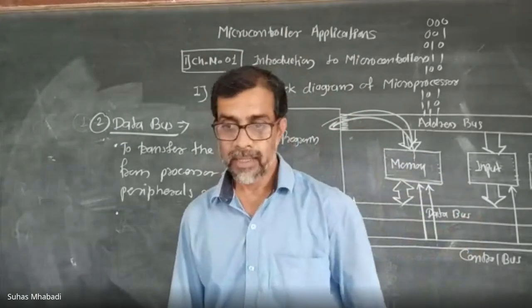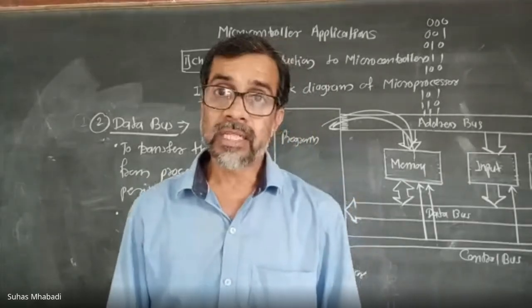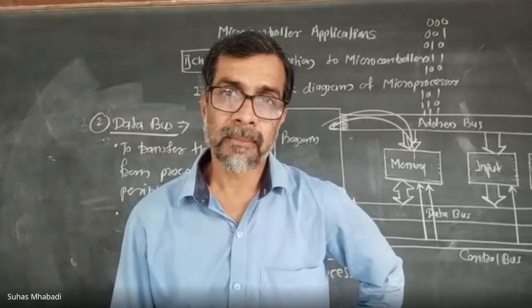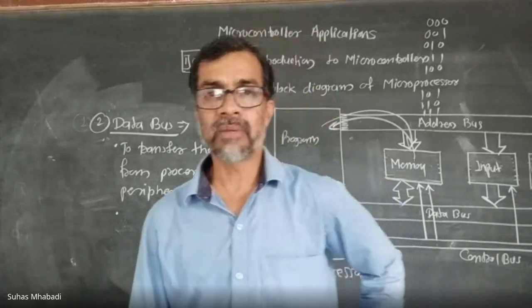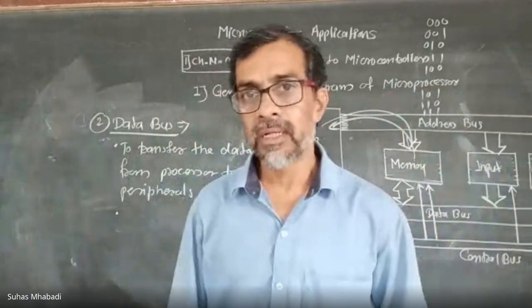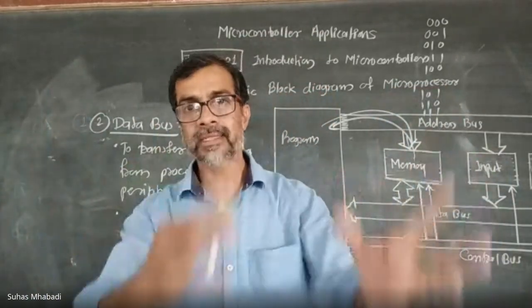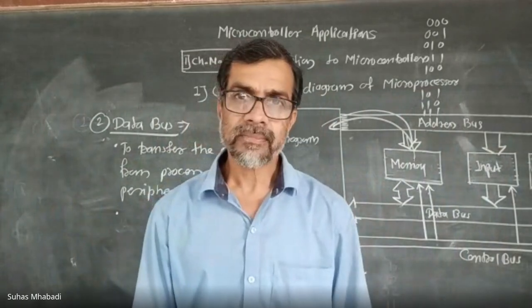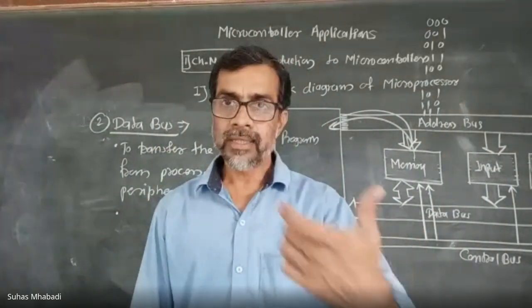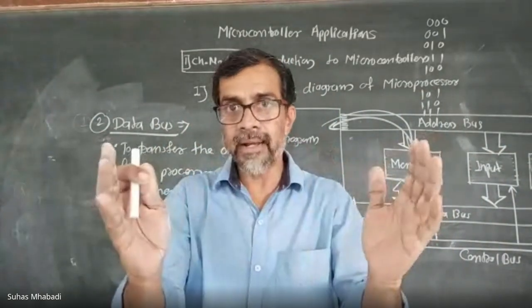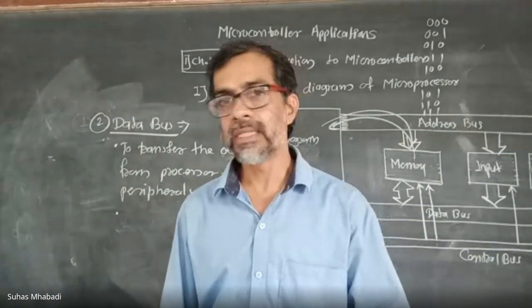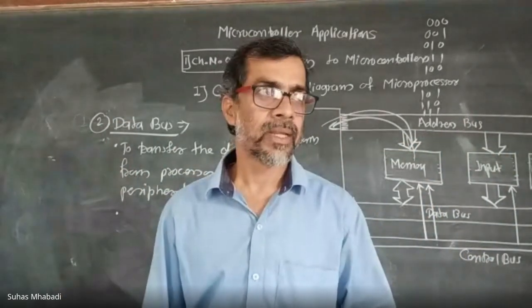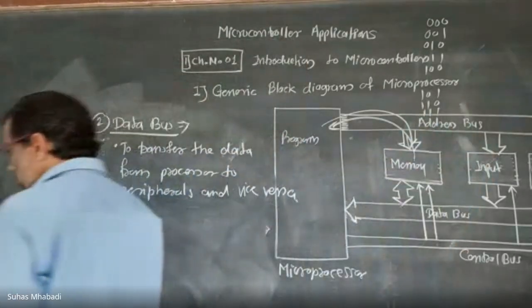Your laptop is having a 64-bit processor. So at one time, 64 bits can be processed. Of course, my laptop is quite old, that is a 32-bit processor. So that many bits can be handled at one time. Recently, we are operating with 64-bit processors.